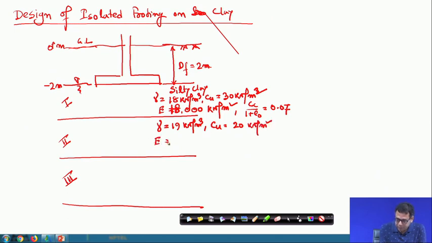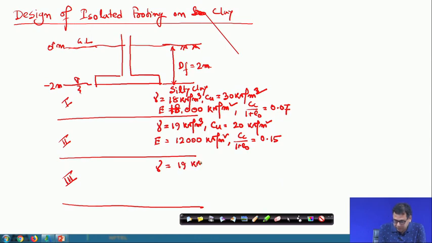The E value was 12,000 kilonewton per meter square, and Cc by 1 plus e0 was 0.15.